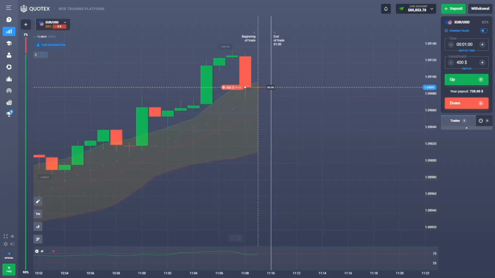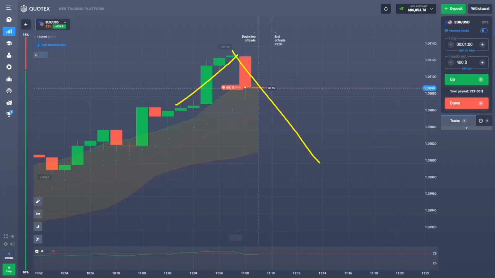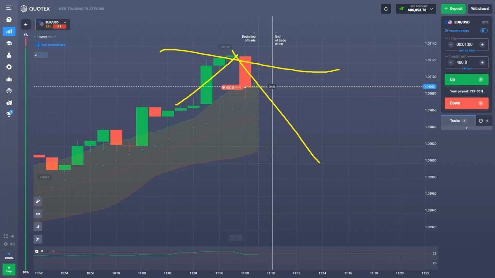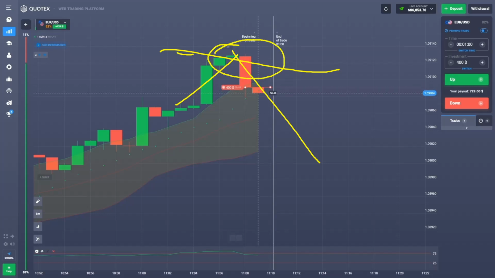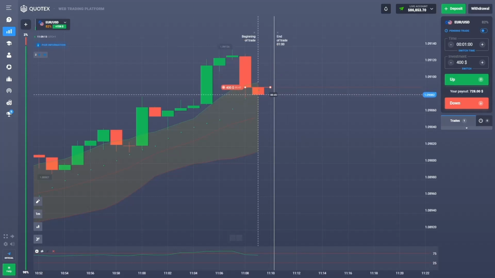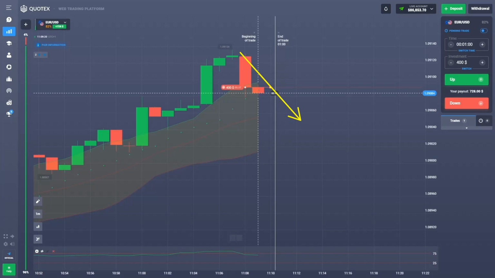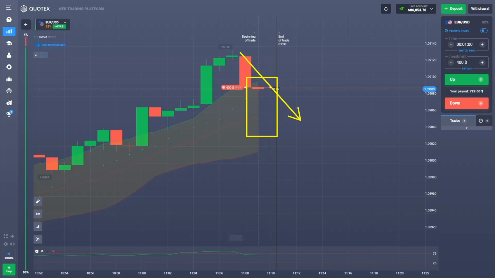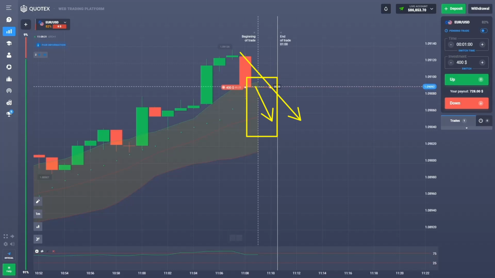Yeah, so here the market is flipping. So the market is making a reversal here. It's going down, a reversal. This one is a red candle, 100%, meaning the market is going down. So I choose down, investing $400.